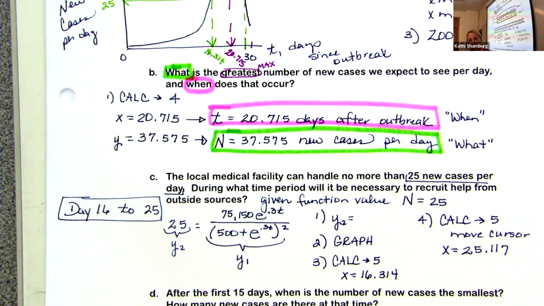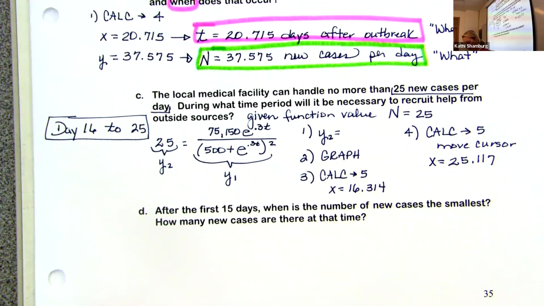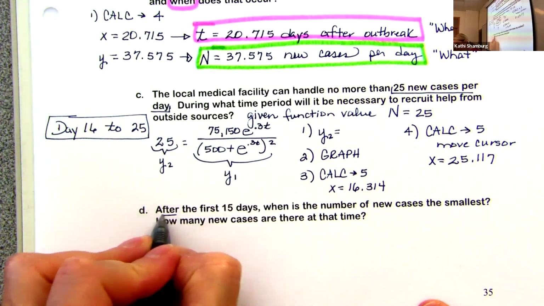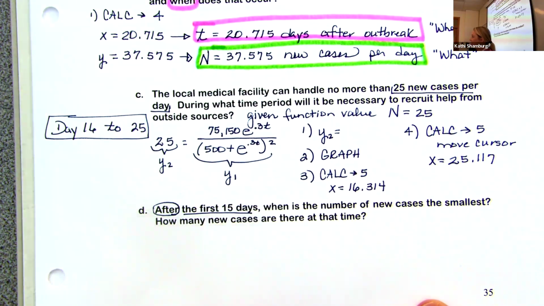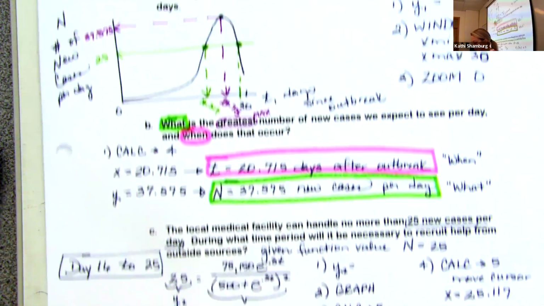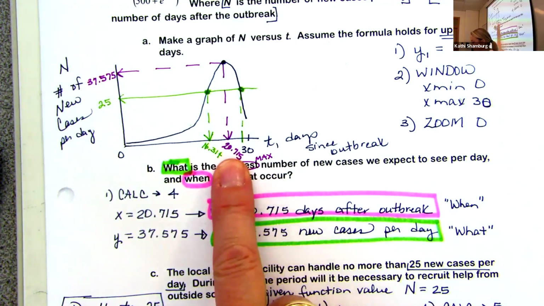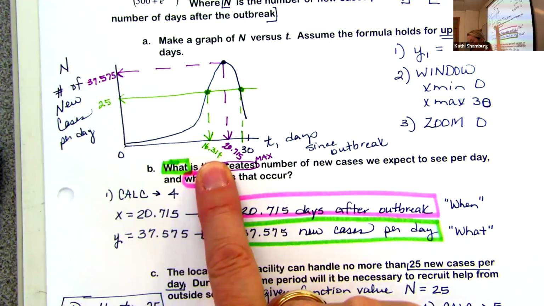All right. After the first 15 days. Okay, so when I come up here to my graph and see if I can figure out what they're talking about. Well, here's day 20. Here's day 16.